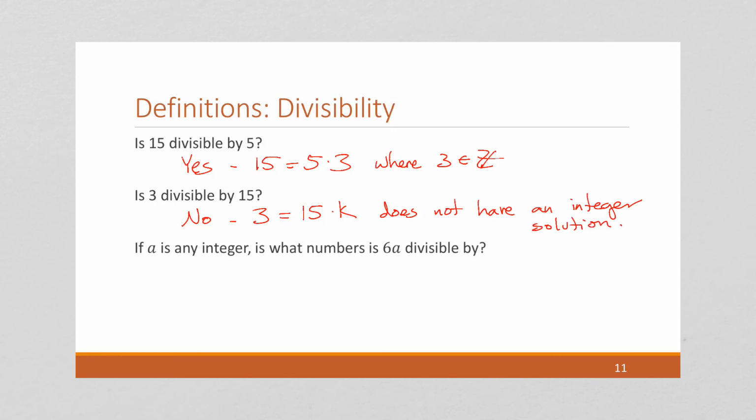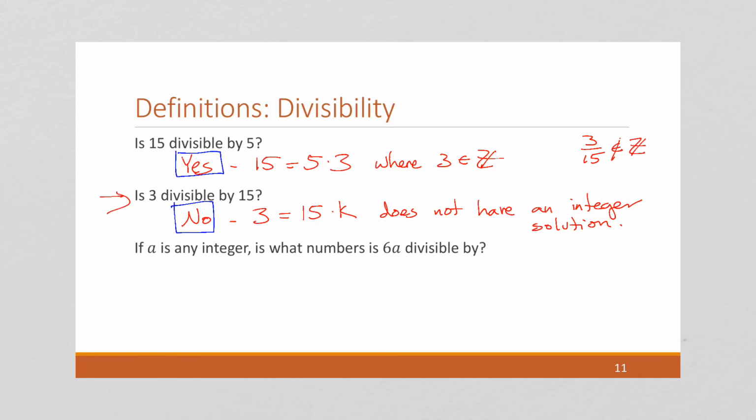Right? So again, we're using the definition. Another way of feeling this intuitively would be to say that 3 divided by 15 is not an integer. Right? And that's really what we're saying with our definition here.